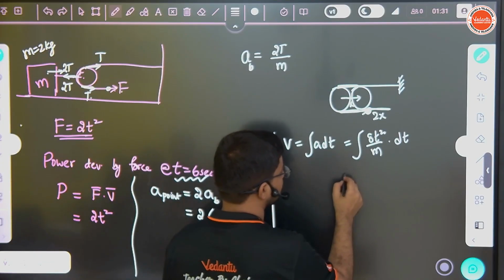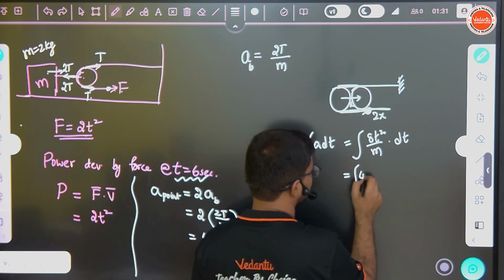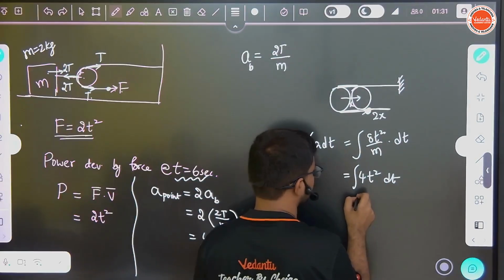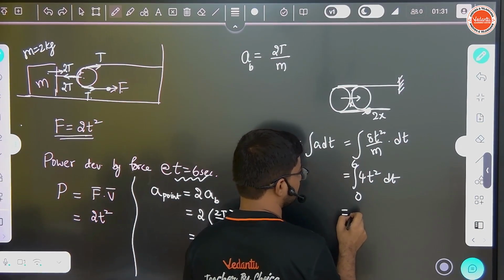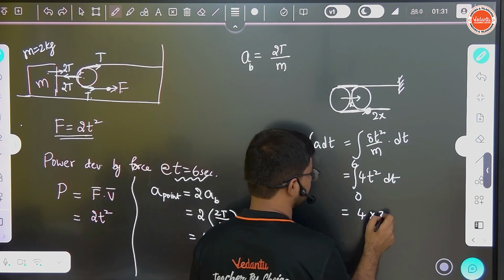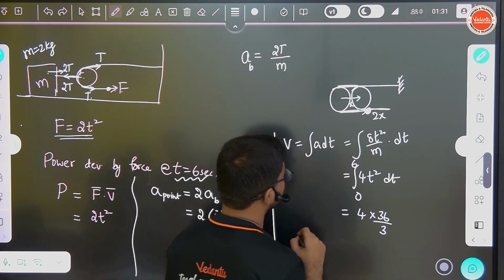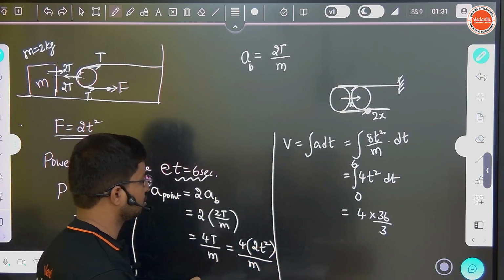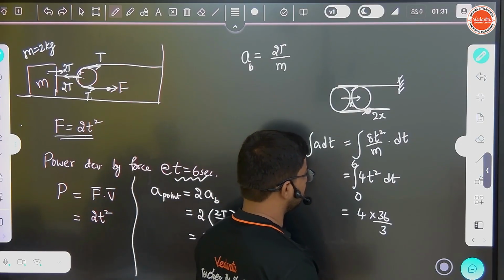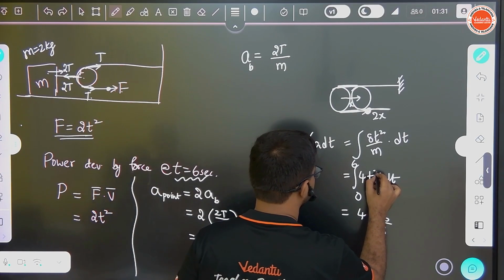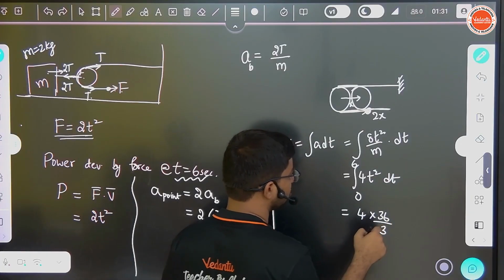Okay. So then this is going to be integral 4t square dt from 0 to 6, right? So you will get this as equal to 4 t cube by 3.